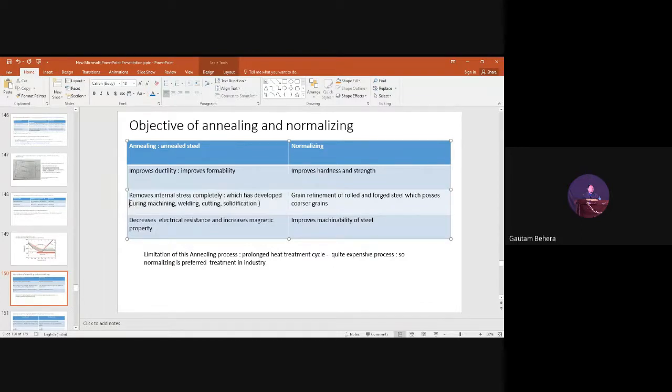There will be no internal stresses. And finally, you can see decreased electrical resistance. That means the electrical property increases and there is an increase in the magnetic property also. So these are some objectives of the annealing process.